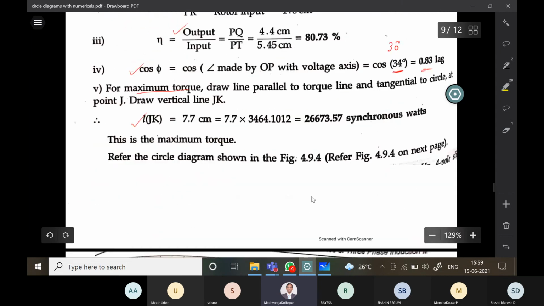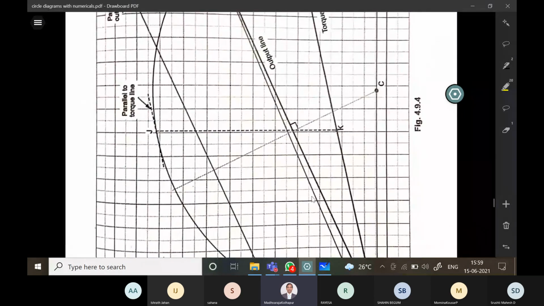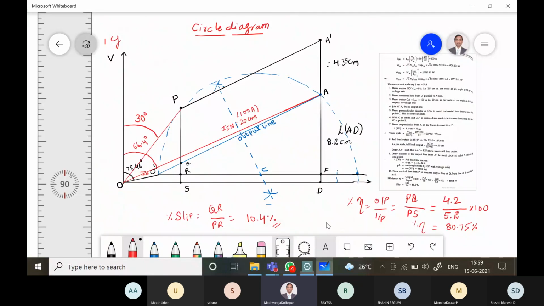So we'll get the circle diagram, and we need to locate point E, which is exactly half, 50%. Whatever the length of AF is, 8.2, so 4.1 and 4.1 you will get point E here.